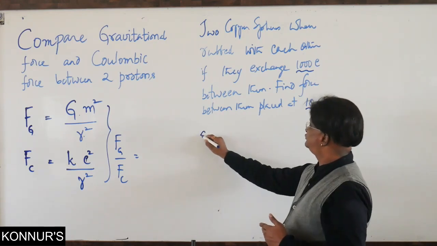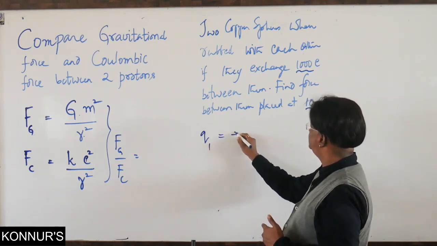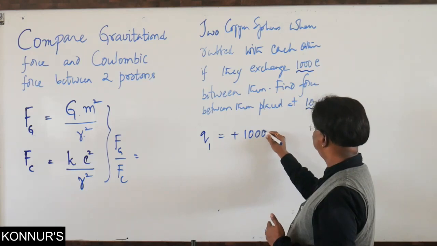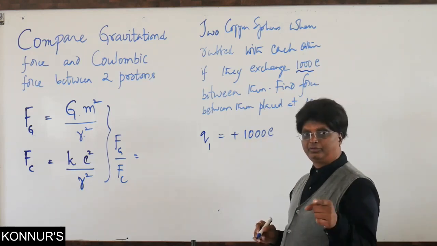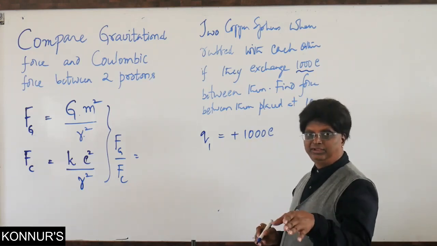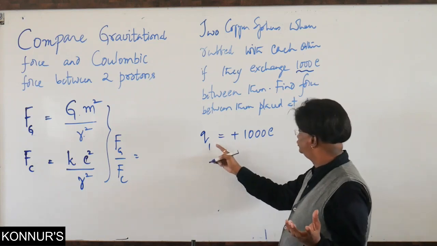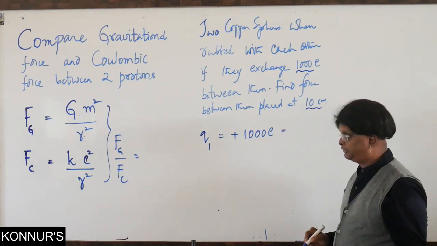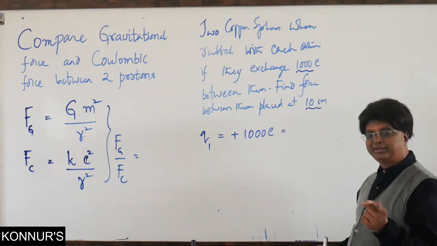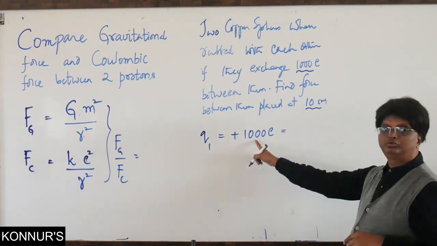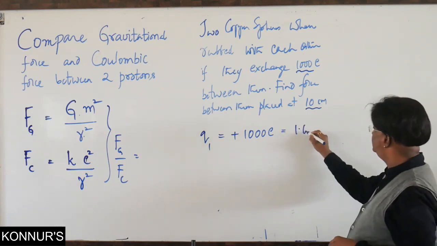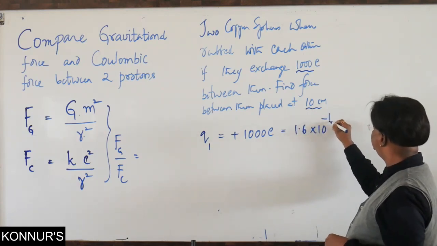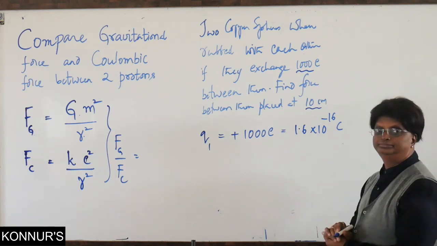Okay, then in such case, what is Q1? Q1 is equal to plus 1000 e, because loss of electrons will be positive, and Q is equal to Ne, the charge acquired. Therefore, Q1 equals plus 1000 e. If you want the number, straight away you can write e value 1.6 into 10 raised minus 19. Here 10 cube order is there. Therefore, it is 1.6 into 10 raised minus 16 Coulomb.